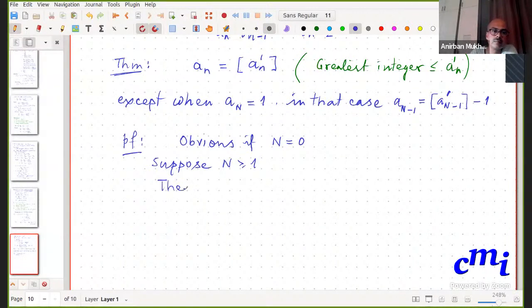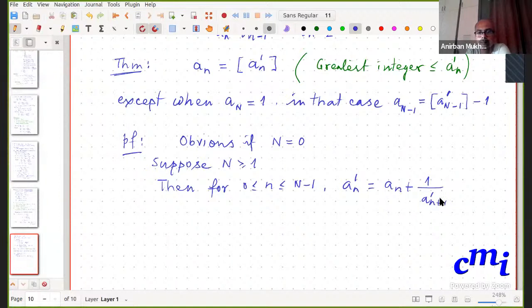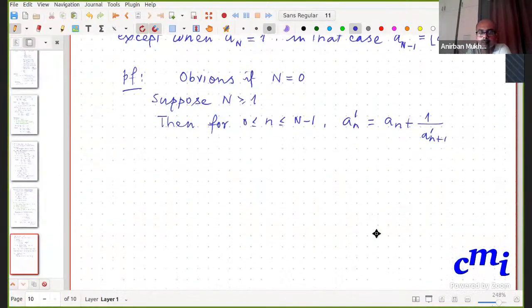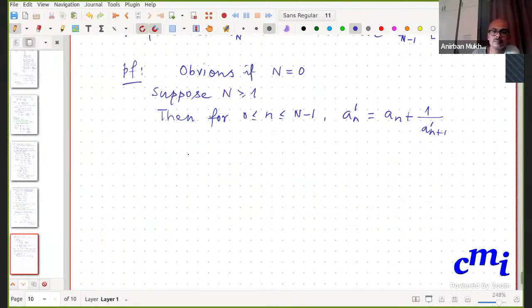Then for 0 less than or equal to n less than or equal to N minus 1, a_n' is equal to a_n plus 1 over a_(n+1)'.